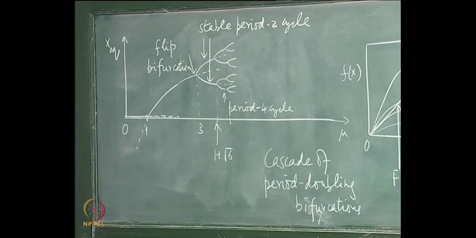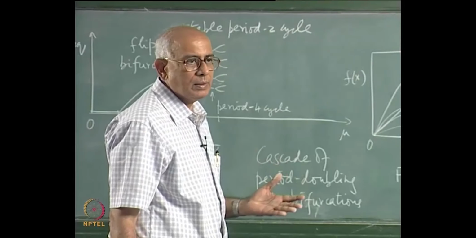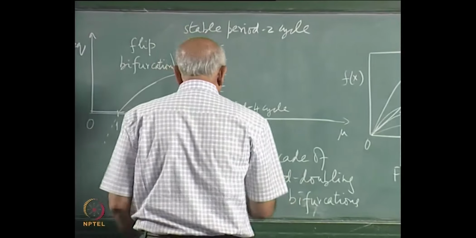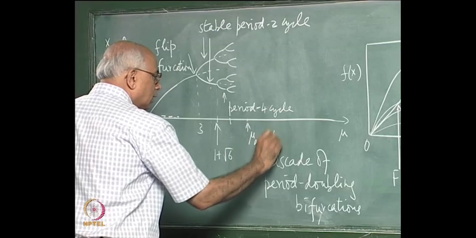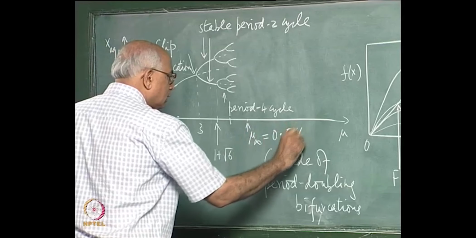So eventually what happens is that you have a 2 to the n period cycle where n becomes unbounded, and that happens at a finite value of mu. This is called mu infinity and it is equal to 3.566 etc.